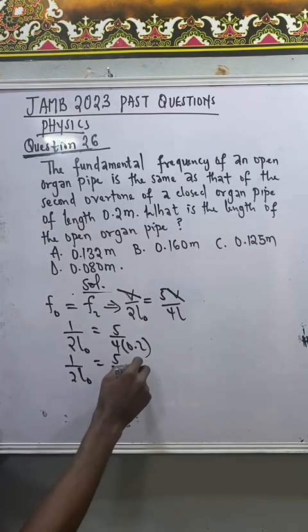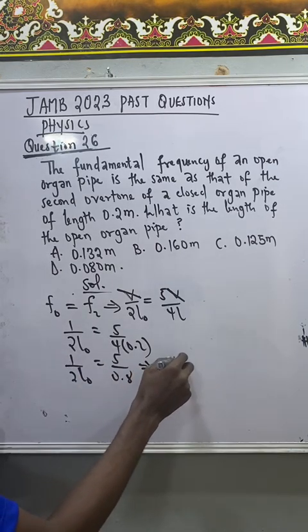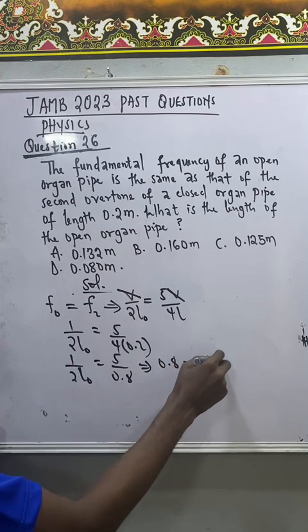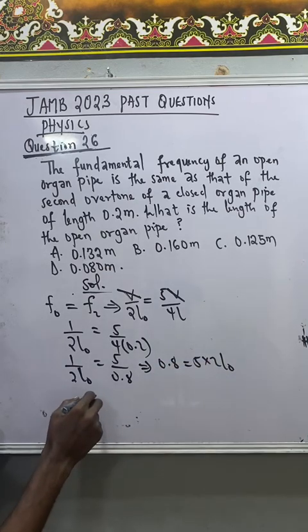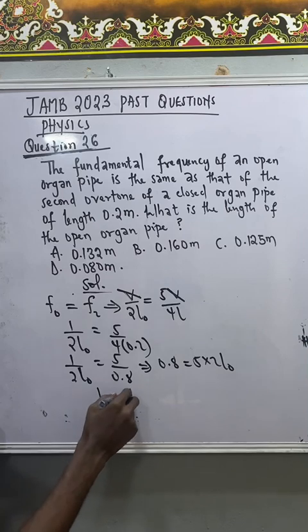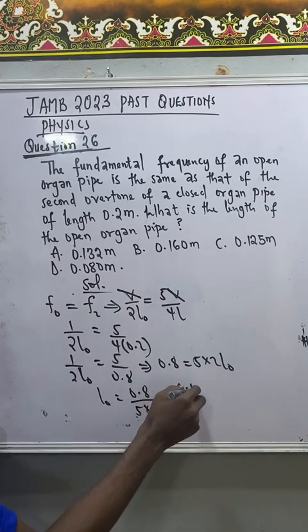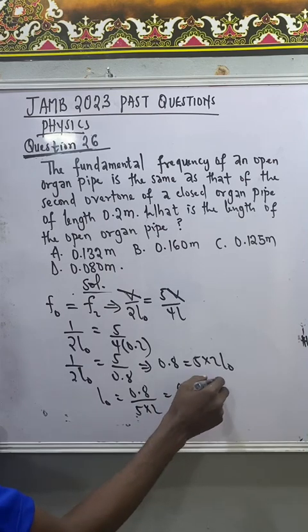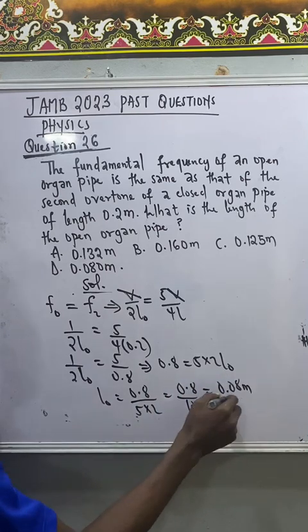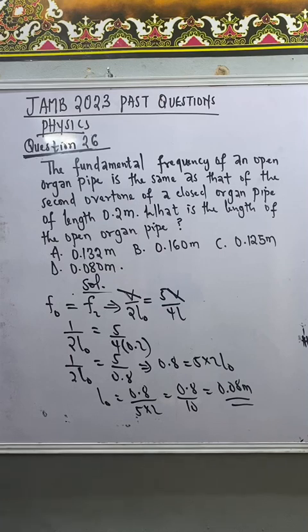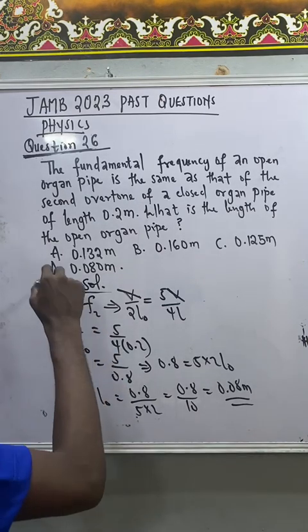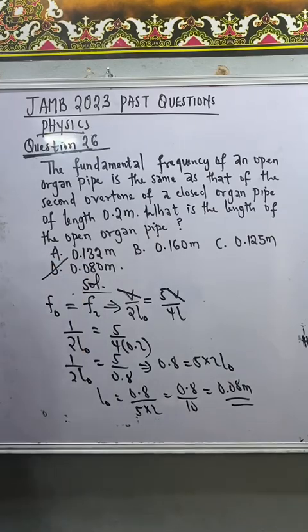Let's cross multiply. That will give me 0.8 equal to 5 times 2L0. Dividing both sides by 5 times 2, L0 will be equal to 0.8 over 5 times 2. This is 0.8 divided by 10. This is 0.08 meter. So this gives me the length of the open pipe, which corresponds to option D. Thank you.